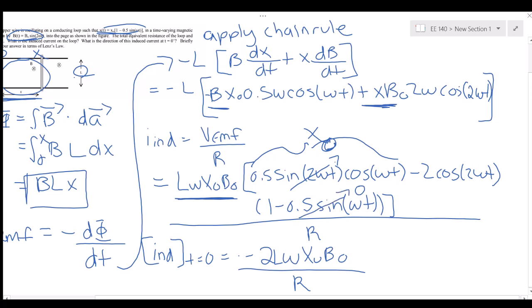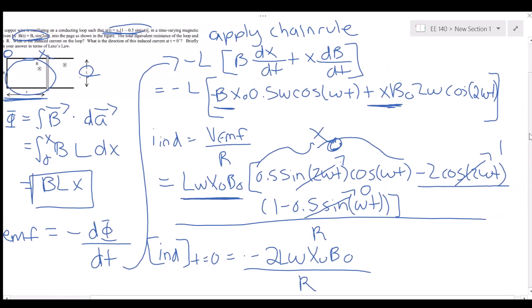And so we're left with just 2 cosine 2 omega t. The cosine of 2 omega t, when time is 0, becomes 1. And then we're left with negative 2 times L omega x naught B naught over R.